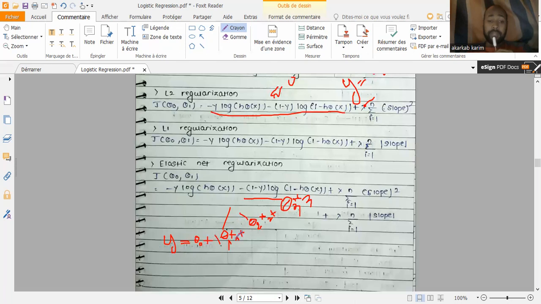Then I need to choose just the important slopes. So if, for example, theta 1 is 0.05, theta 2 is 0.41, and theta 3 is 0.6, I need to choose just theta 2 and theta 3, because they are more important than 0.05.